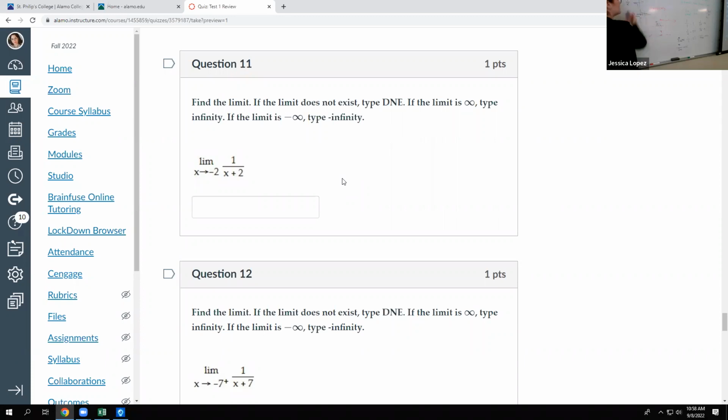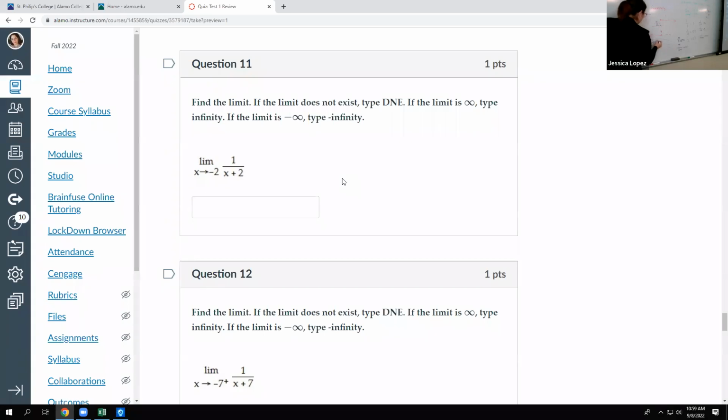But if this does not come to you through the chart, all you have to do is when you set up your chart, make sure you're going in both directions, right? So you have x, you have f of x, and if I'm talking about to the left, this is -2, I'm going to be -2.1, -2.01, and so forth.